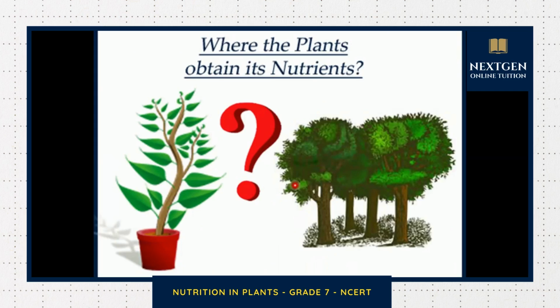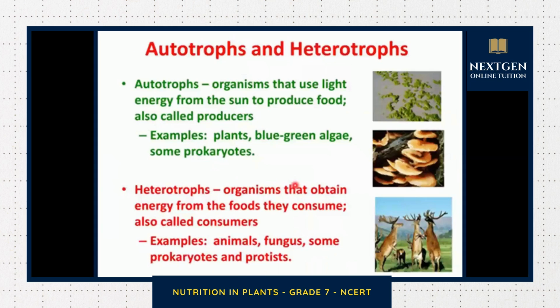As you all studied about the autotrophic and heterotrophic modes of nutrition in previous classes, autotroph means self-nourishment. Heterotroph depends on others for their nourishment. That is, the autotrophic organisms use light energy from the sun and produce food and are called producers.